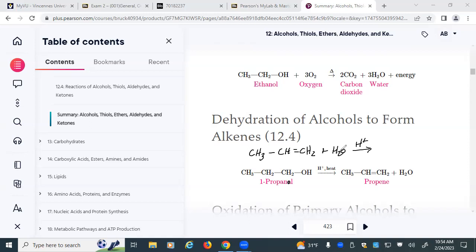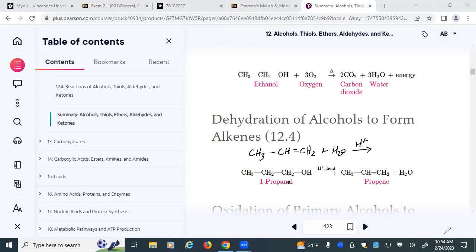Now, the alcohol we would create wouldn't be 1-propanol, it would have been 2-propanol, because that OH group would have slid into the middle instead of the outside. We just talked about that. But that would have been the reaction: water plus acid.